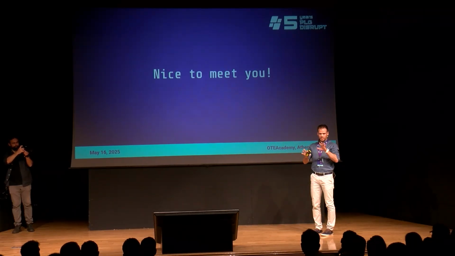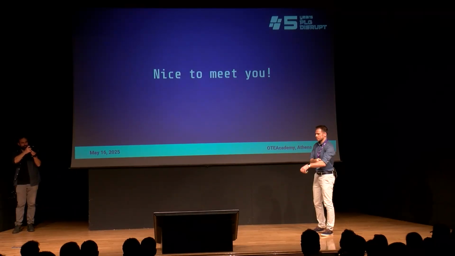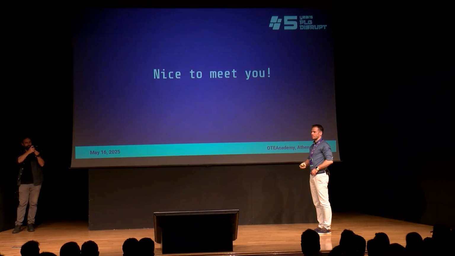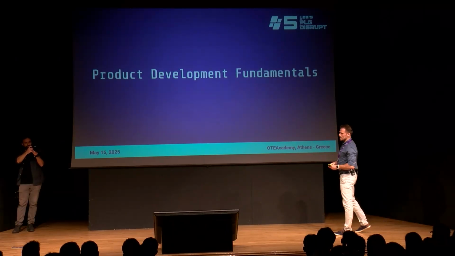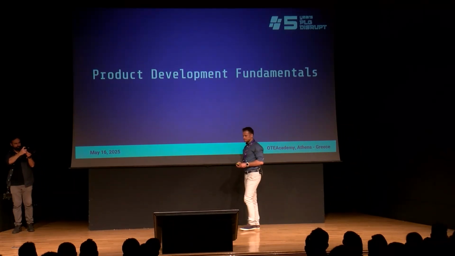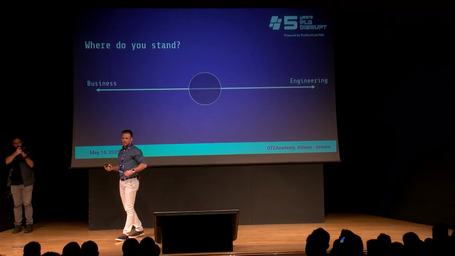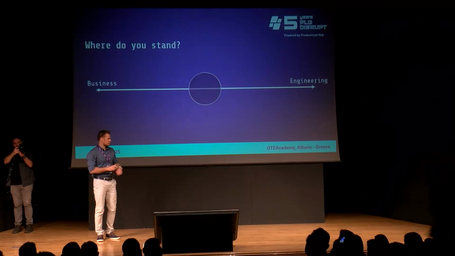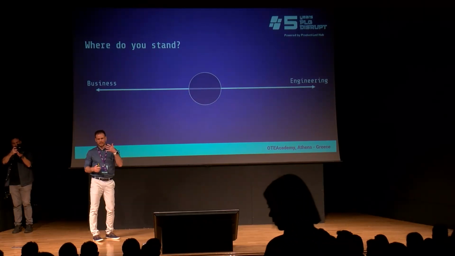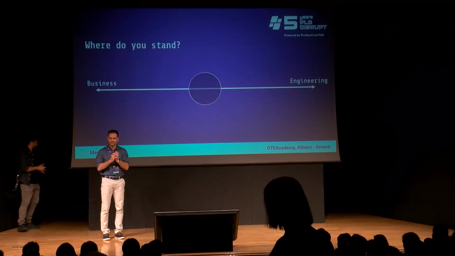Okay, this pattern of raising hands will continue for some slides in the next part. So that's good exercise. You went well. Thank you very much. So let's start with product development fundamentals. Let's see, where do you stand? In product management, I was thinking of adding this Venn diagram of UX, development, business, you know that?